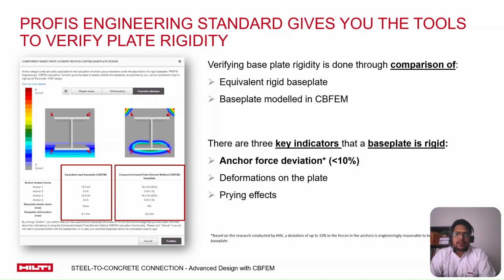To help you solve this challenge, PROFIS Engineering provides side-by-side numerical and graphical evidence of an assumed rigid base plate compared to the non-linear real-life results. What you see here on the slide is on the left the equivalent rigid base plate, and on the right the component-based finite element method base plate.